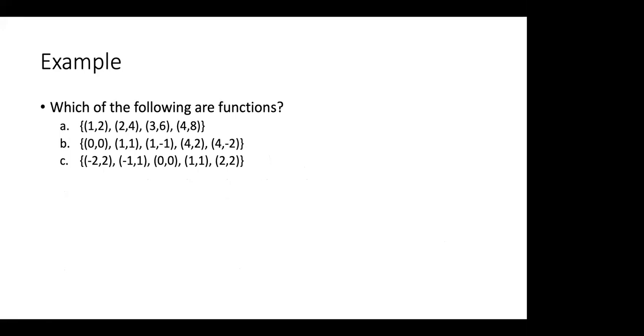Letter B: (0,0), (1,1), (1,-1), (4,2), and (4,-2). And letter C: (-2,2), (-1,1), (0,0), (1,1), and (2,2). All right, so when you're ready, we'll compare notes on that. Again, please pause the video and think about it for a minute. I am going to switch over to the tablet.